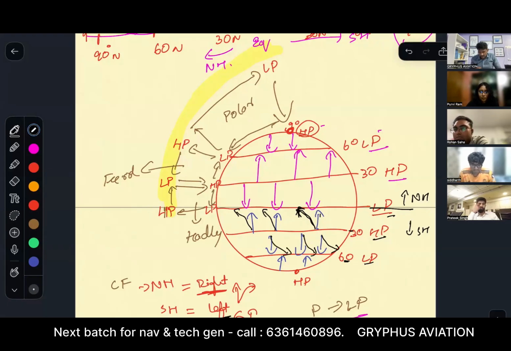So wind is blowing like this. Now this is high to low, you are going on a straight way itself. The wind will bend towards this side. Now on the top side also, again, high to low you are coming, it means you are coming in reverse. See, northern hemisphere, wind will bend towards the right side. So first I will do for this one, high to low. You are going straight.